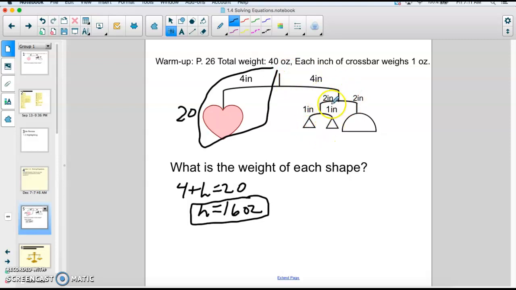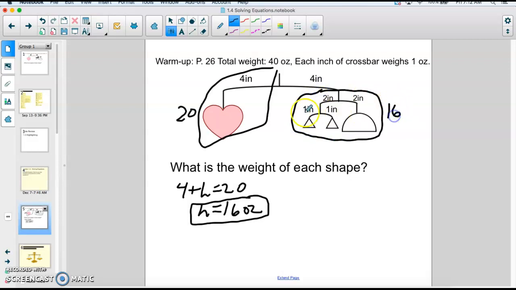All right, and then the same thing on this side. This side also has to weigh 20 ounces. Now this one's a little bit trickier because it actually splits again. This is supposed to weigh 20 ounces, but then we have the 4-inch crossbar here. And so really this part of the scale would be 16, right?